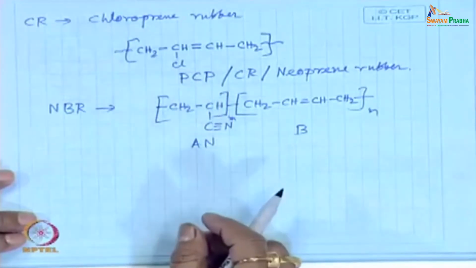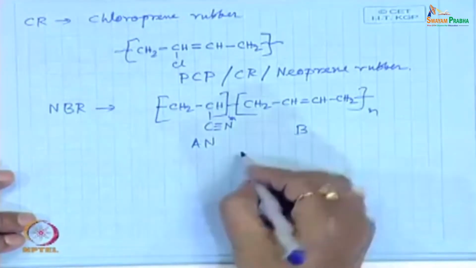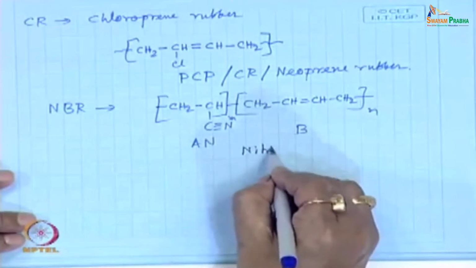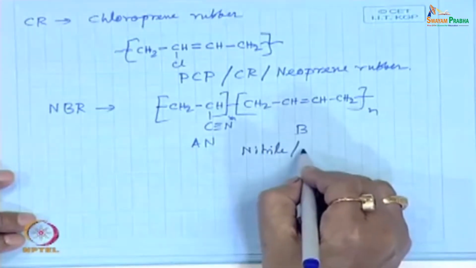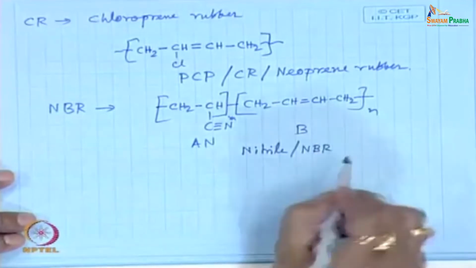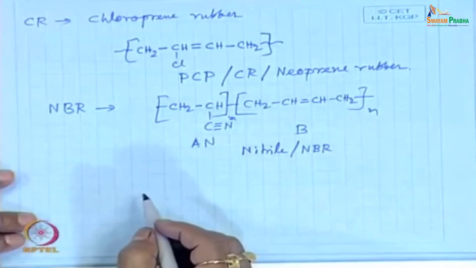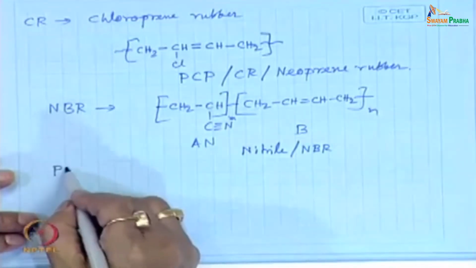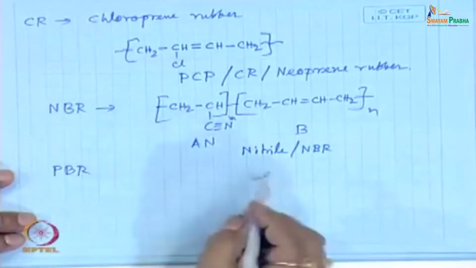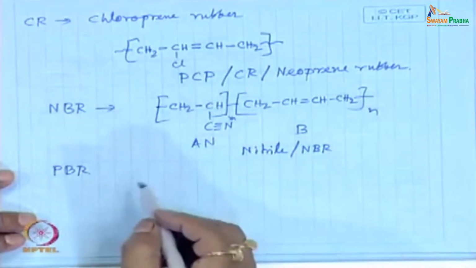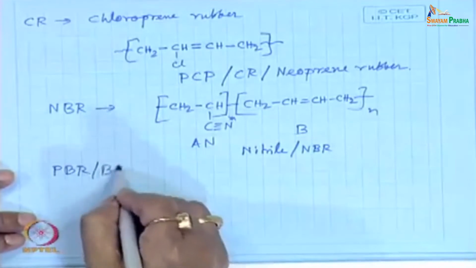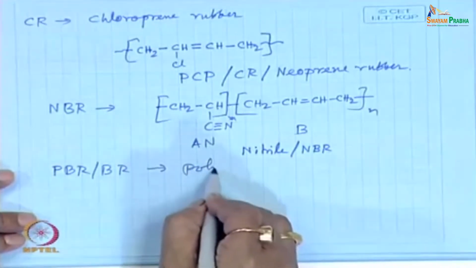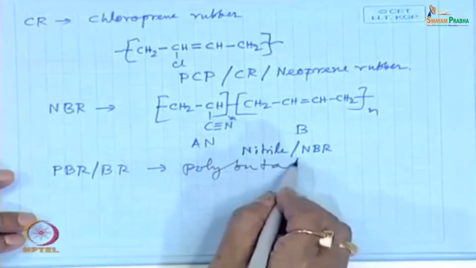Copolymer of acrylonitrile and butadiene, nitrile rubber, nitrile or NBR rubber, NBR. PBR, polybutadiene, you have seen earlier polybutadiene, PBR or BR, polybutadiene rubber.